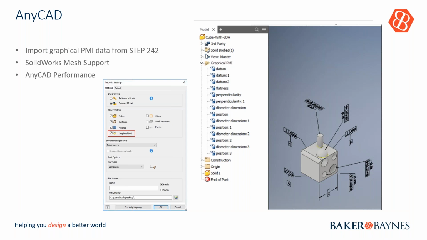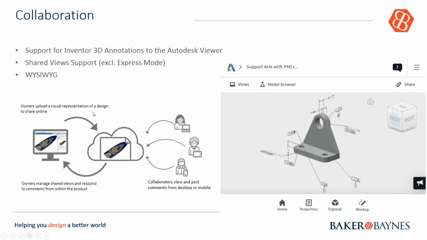All right. If we look at collaboration, which is next, we find that 3D annotations are now supported in shared views and also Fusion Team, in the viewers. All right. 3D annotations that are excluded when you create the view are not visible.